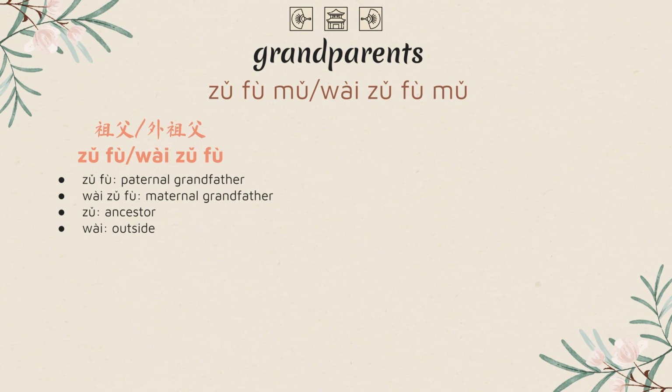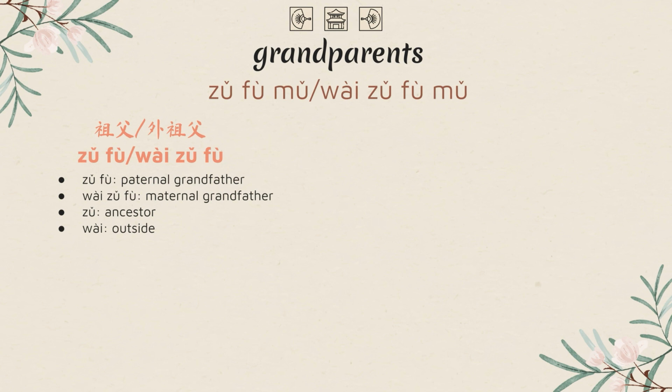So 祖父 is paternal grandfather. 外祖父 is maternal grandfather. So 祖 means ancestor. 父, which you've seen in 父亲, means father, a fatherly figure. So your ancestor father is your grandfather. And for maternal grandfather, you call them 外祖父, and 外 by itself means outside.